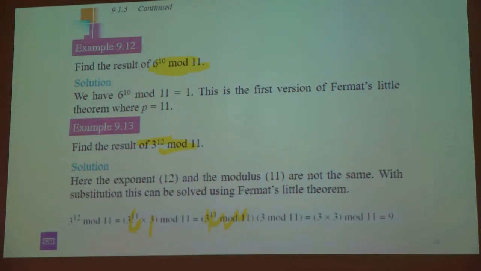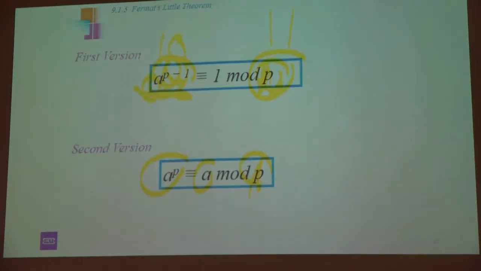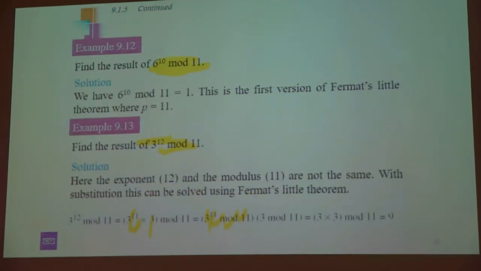The second rule: if it's a to the power p, then the result equals a. So 3 to the 11 mod 11 is 3, and 3 mod 11 is 3. So 3 times 3 will be 9.